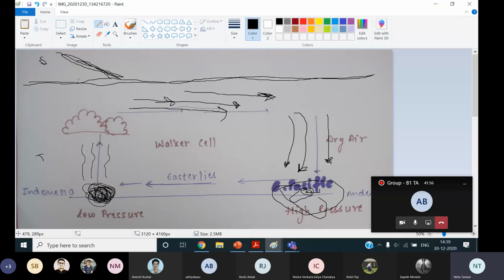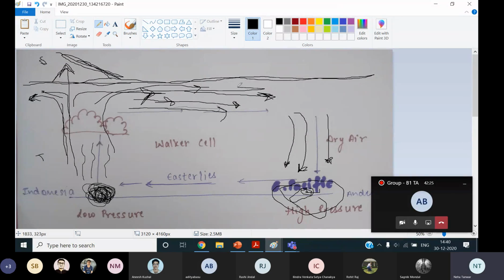So this tropopause actually acts as a barrier for the air. The air that's rising cannot continue rising. So what happens? It is deflected. But don't think that it is deflected only in this direction. Part of the air is also deflected in this direction. The overall thing is it's deflected, and part of it will be deflected in this direction, and it finally sinks back, and that completes the circular cell.